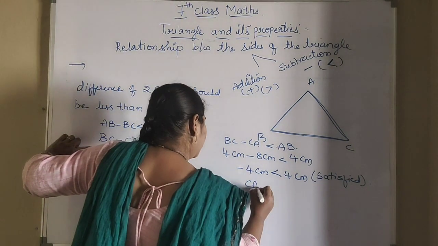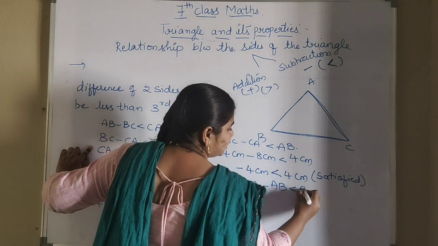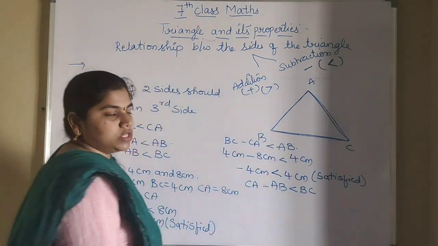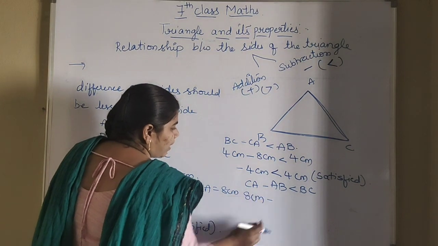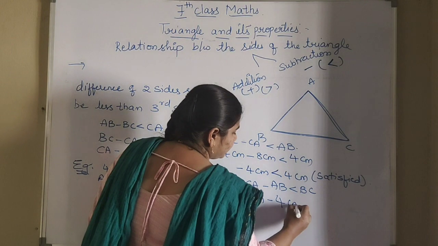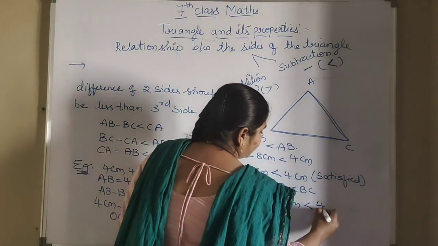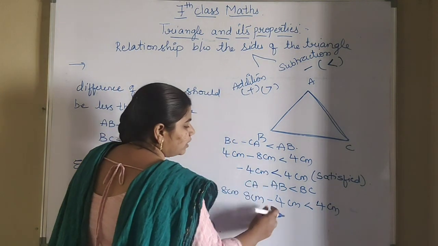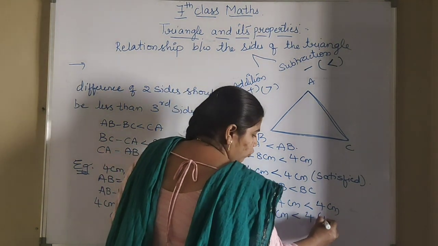What is the last condition? CA minus AB should be less than BC. So what is the CA value? The CA value is 8 centimeters minus the AB value, 4 centimeters, is less than the BC value, which is how much? 4 centimeters. 8 minus 4 is 4 centimeters, is less than 4 centimeters.